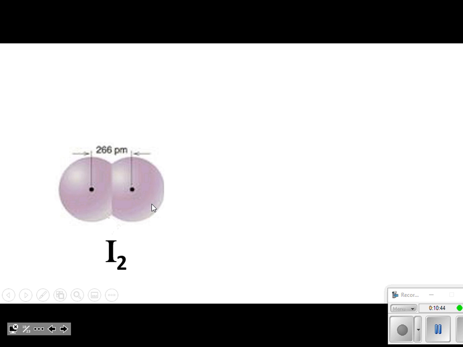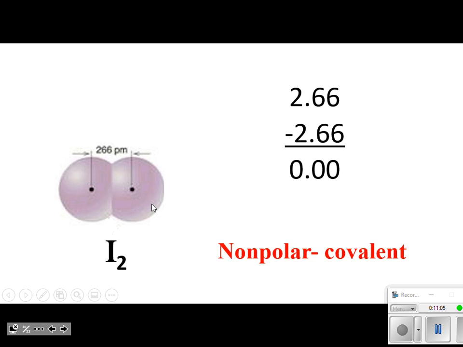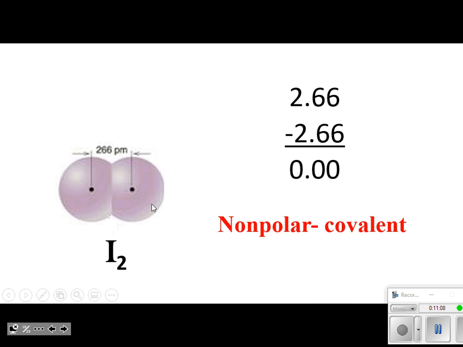So in this particular case, I have a 2.66 for one iodine. The other iodine is a 2.66 also. My good math tells me that equals 0. So by subtracting those two to get 0, I have a nonpolar covalent bond, because that is definitely less than 0.3, correct?